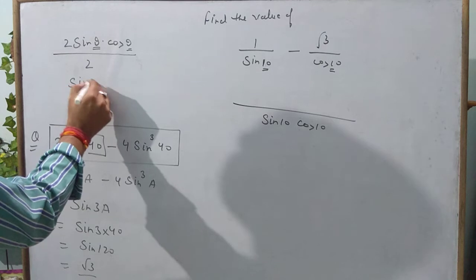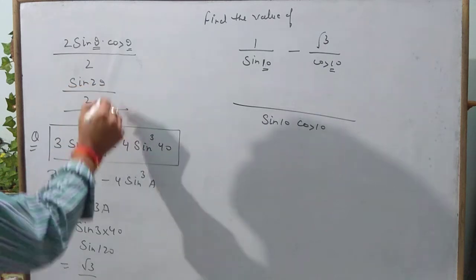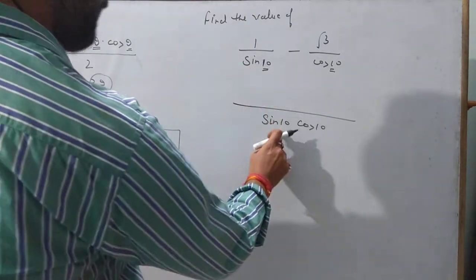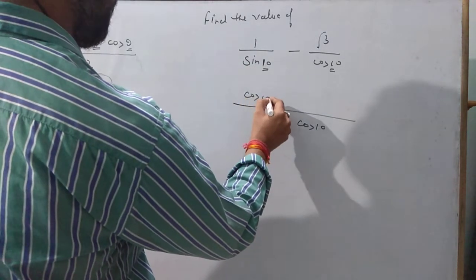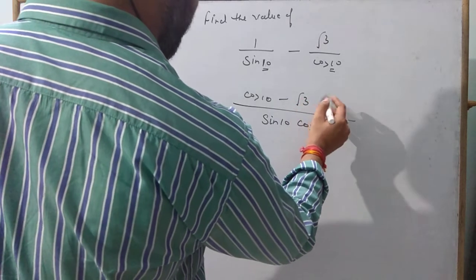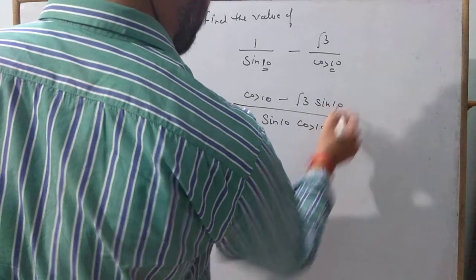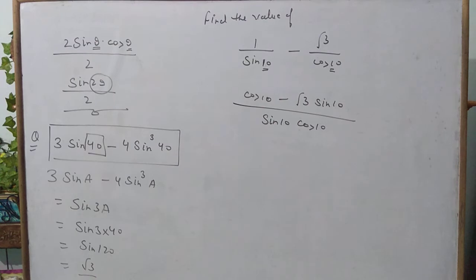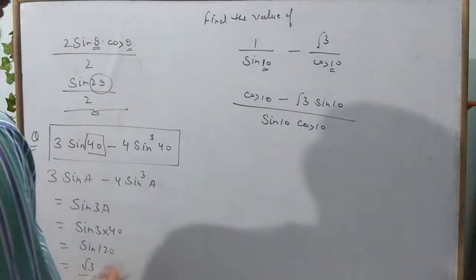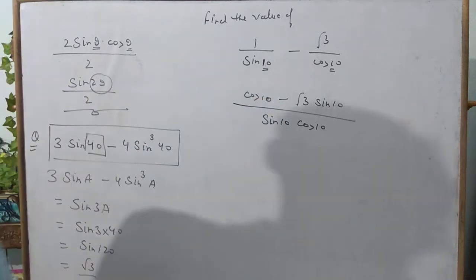So the numerator becomes cos 10 minus root 3 sin 10, with denominator sin 10 cos 10. Now after that, multiply by 2 and divide by 2: cos 10 minus root 3 sin 10.